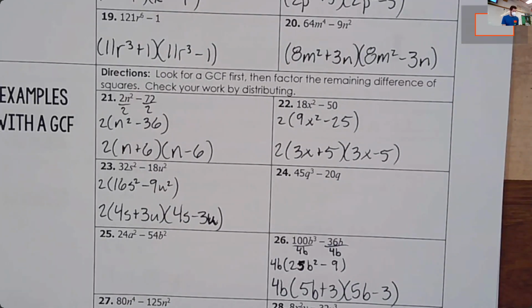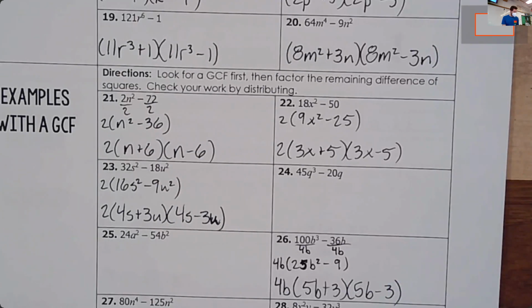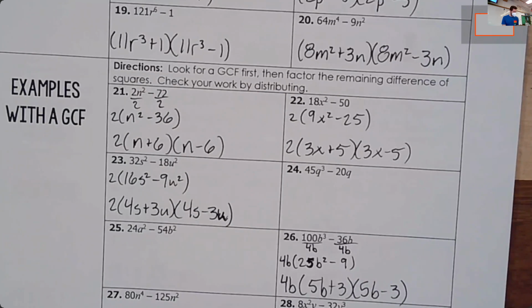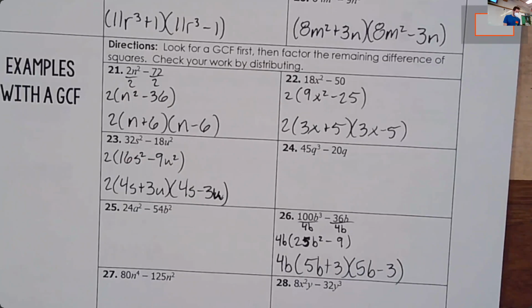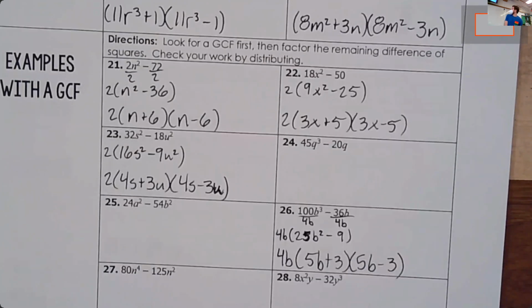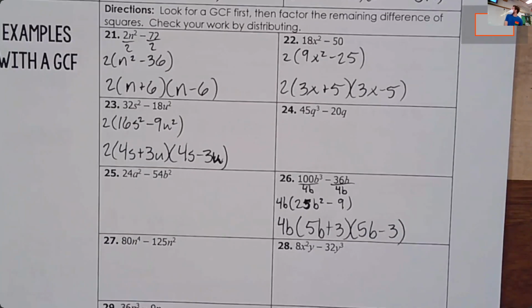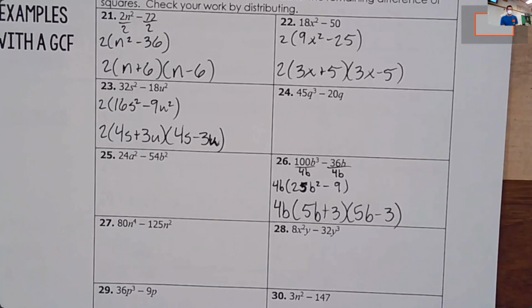Okay, let's do 28 because we got a couple of different variables here on 28. Skip 27, go to 28. What number can we divide 8 and 32 by?